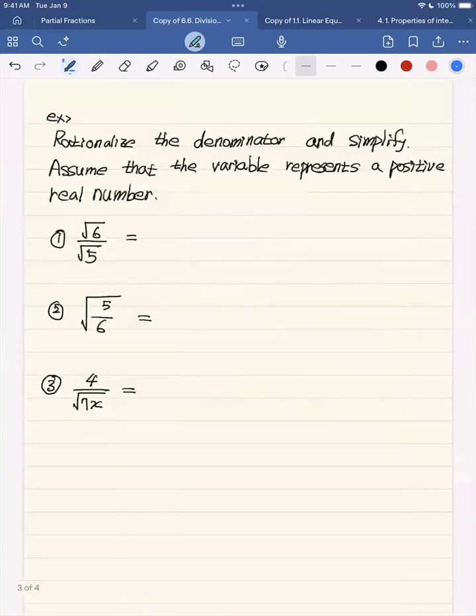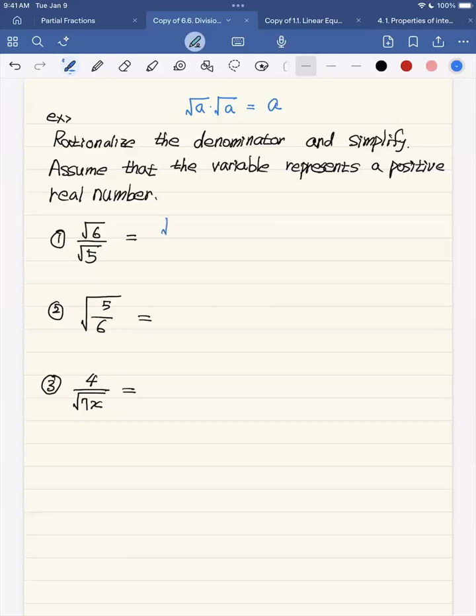Let's work with the examples. We want to rationalize the denominator. That means we want to remove the radical sign in the denominator. I said square root of a times square root of a is a.